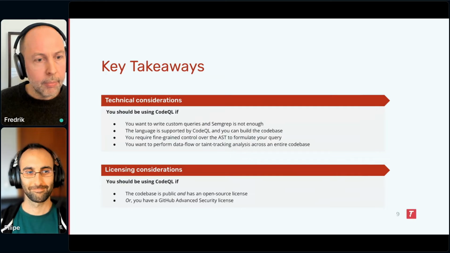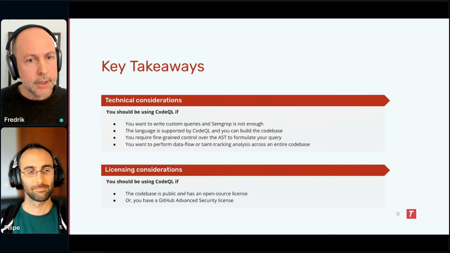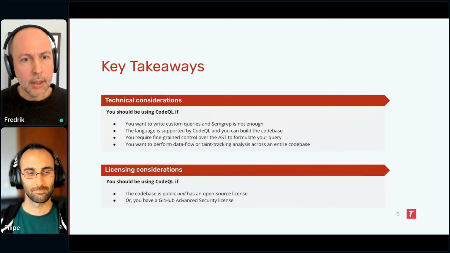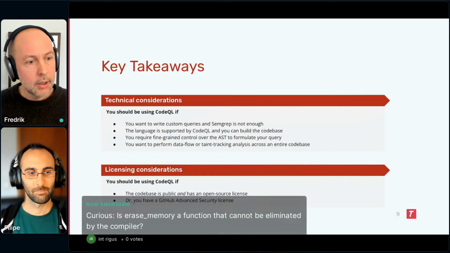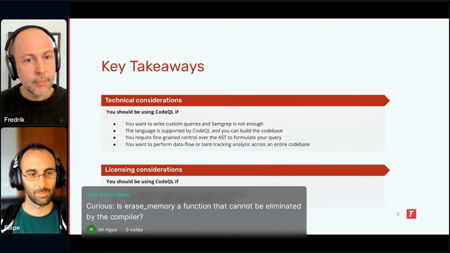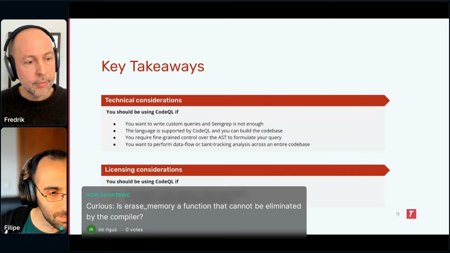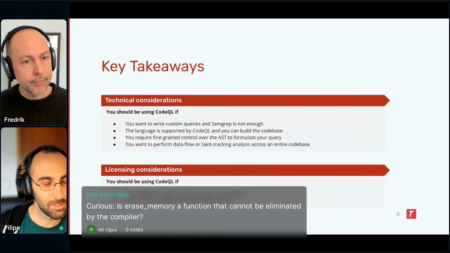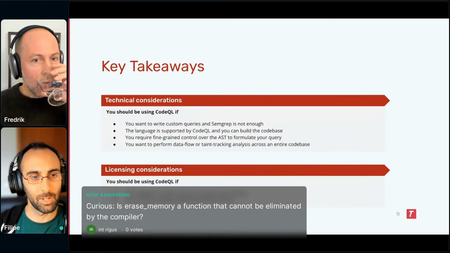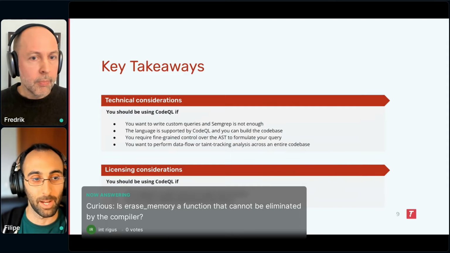Okay, maybe it makes sense to check in with some questions before we move on. I noticed we had a question regarding your example, Filipe, on the erase memory function. Oh yeah, so someone asked, is erase memory a function that cannot be eliminated by the compiler?